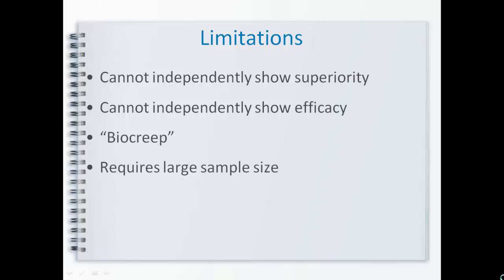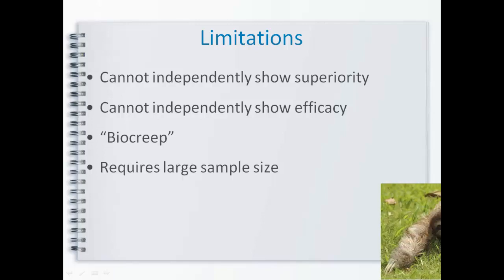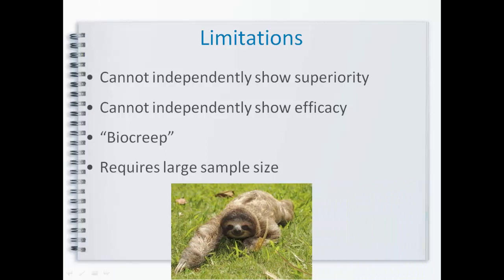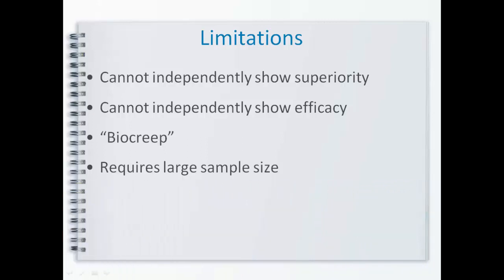Another limitation of the non-inferiority design is a phenomenon called biocreep. This is the idea that when two drugs are compared in a non-inferiority study, one may be just slightly worse and yet be deemed to be non-inferior to the other treatment.